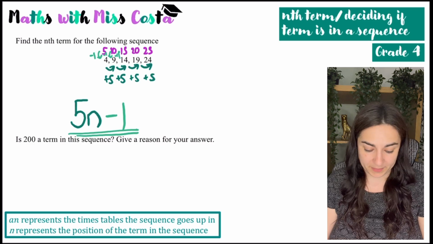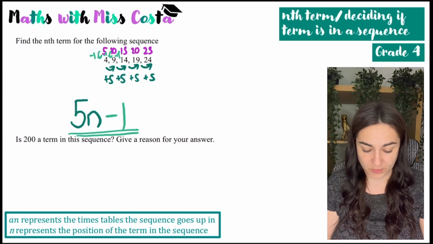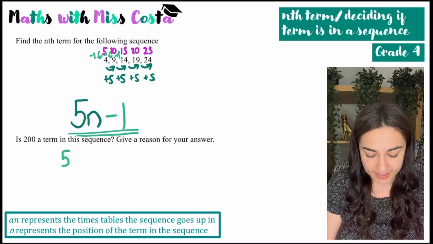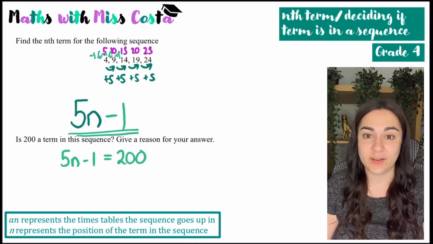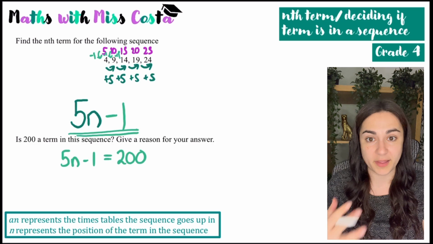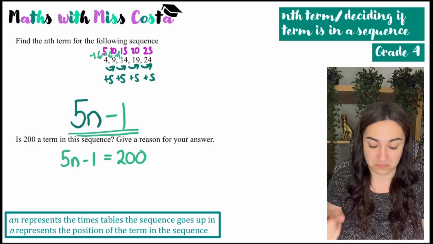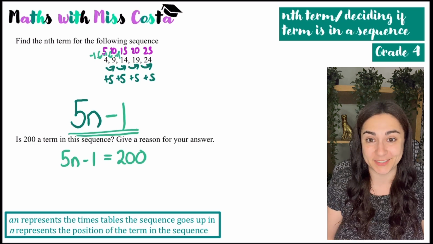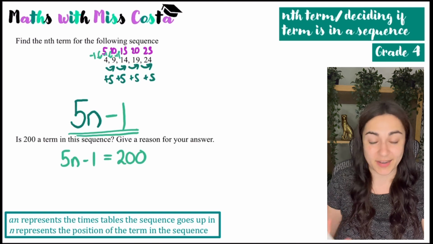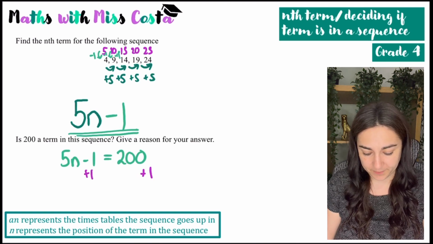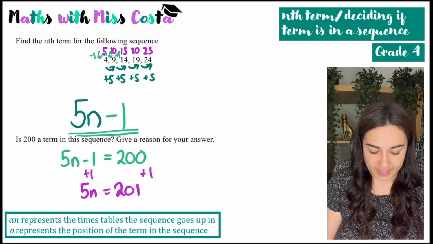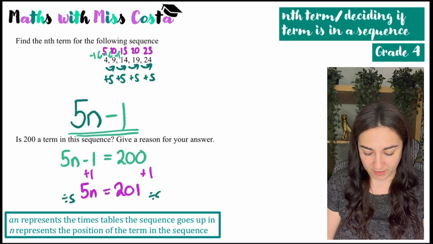Now, sometimes you'd be given the nth term and asked if a number is a term in the sequence. So we equate the nth term with that number, and then solve it. If we have an integer, a whole number, then it's a term, and the solution tells me what position in the sequence it's in, and if not, then it's not. So if I add 1 to both sides, I'd be left with 5n equals 201, and then I'd divide both sides by 5.